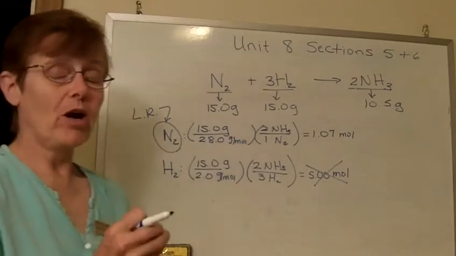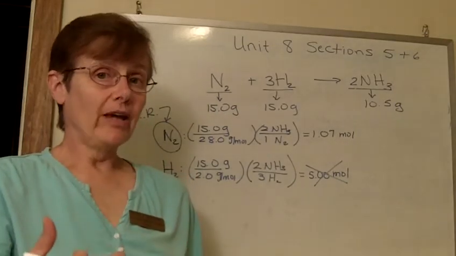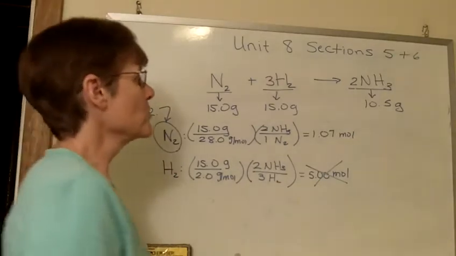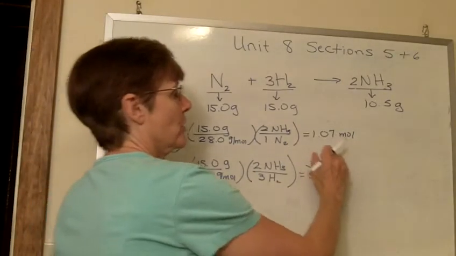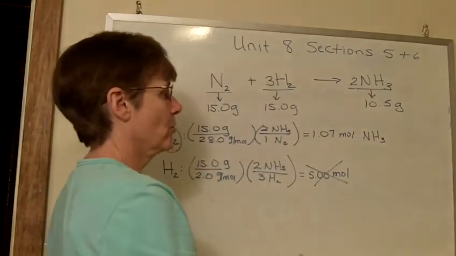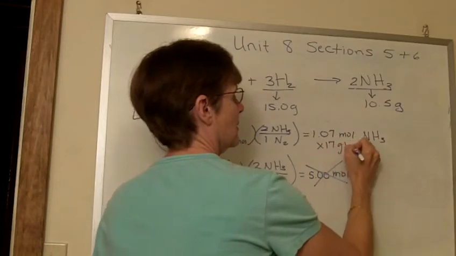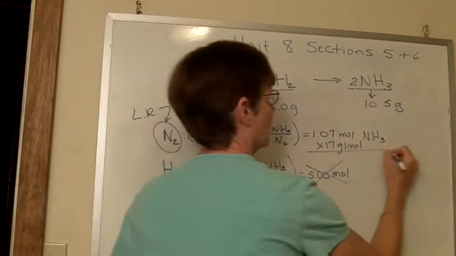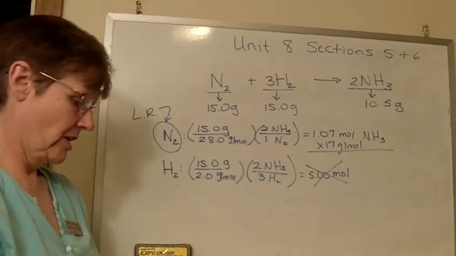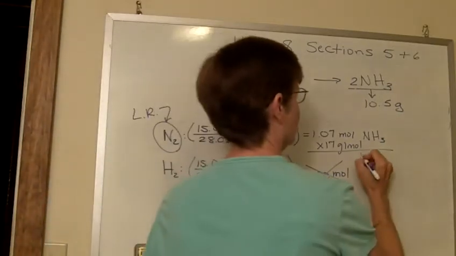So as part of the problem, we will want to say then, how many grams of ammonia would we expect to be able to make? So we'll take the moles of ammonia, multiply it times its molar mass, because the molar mass of ammonia is 17, so 1.07 times 17 gives us 18.2.